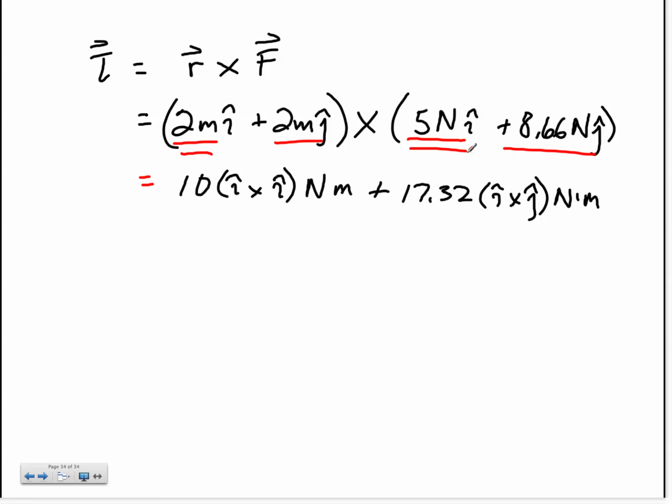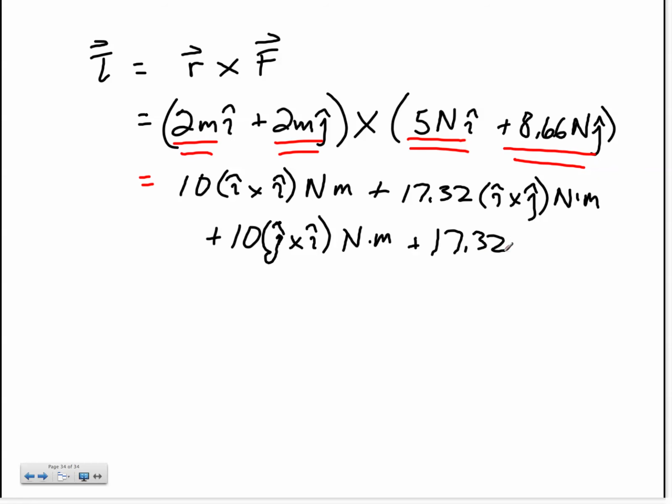And then 2 times this. We're using the FOIL method. So that's going to be 10 J cross with I newton meter, and then we have this times this, 17.32 J cross J newton meter.